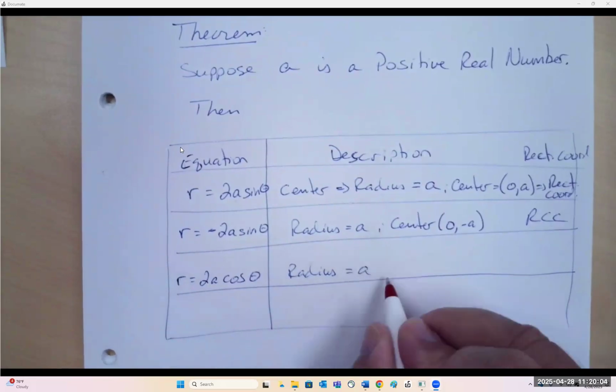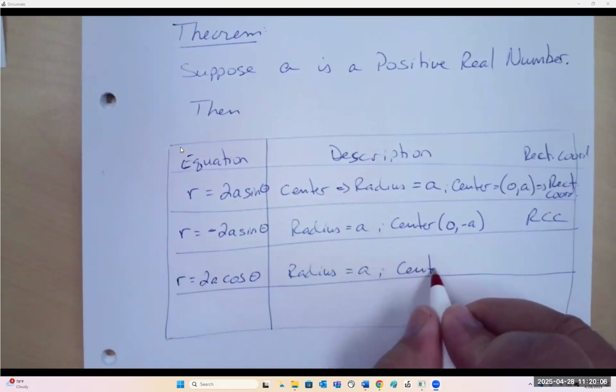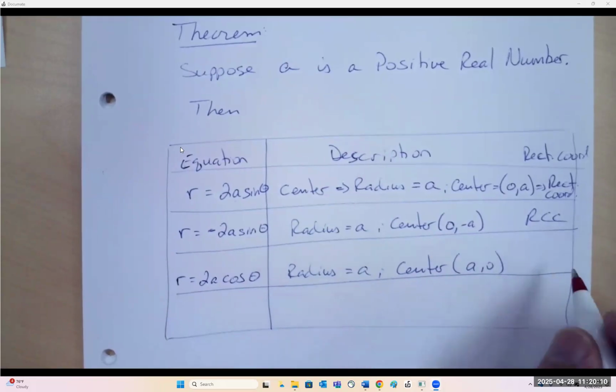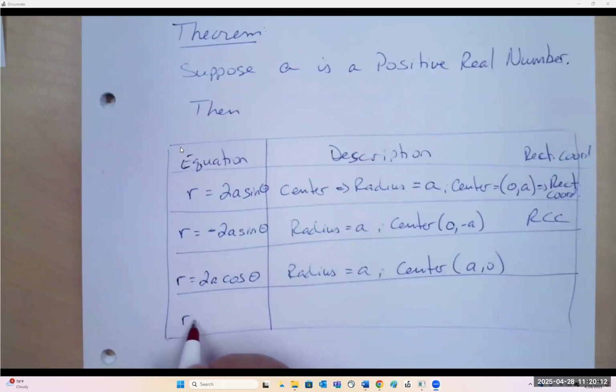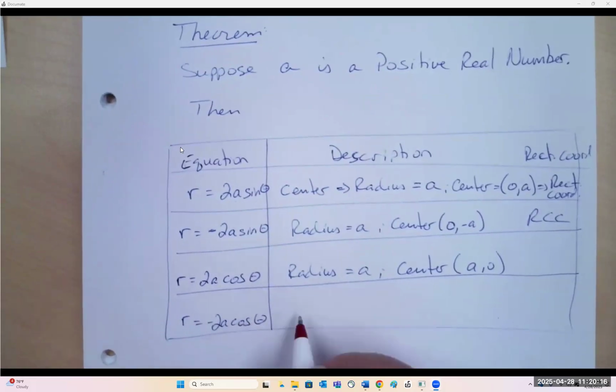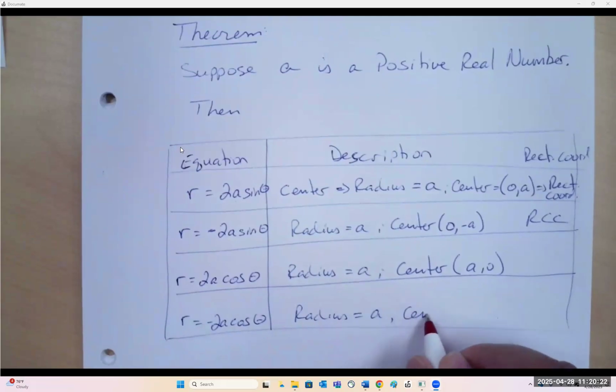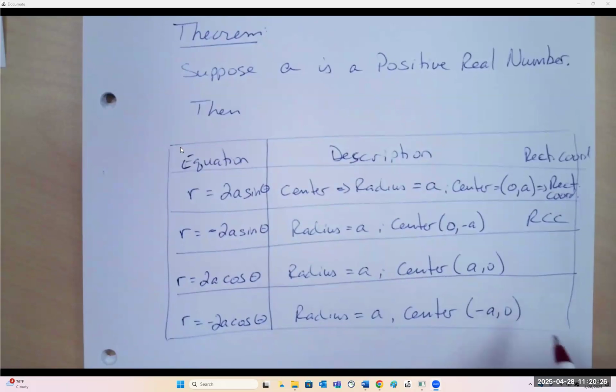Radius is a. Center is at a, 0. And for the last one, the radius is a. Center is at negative a comma 0.